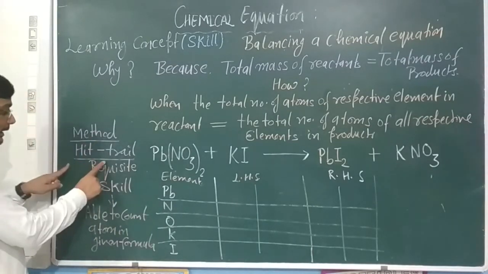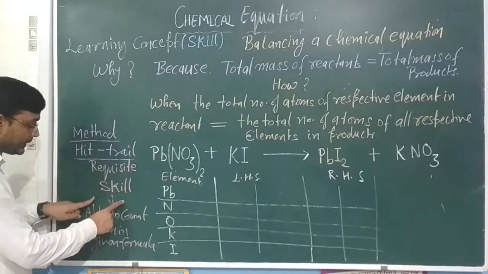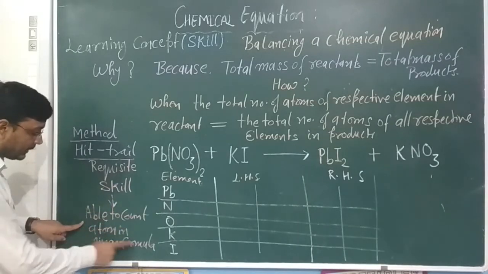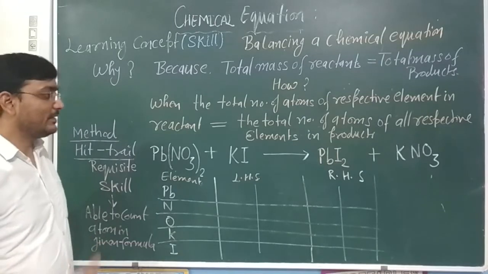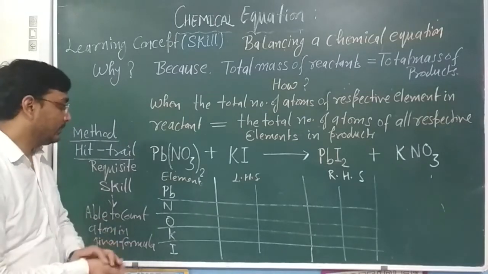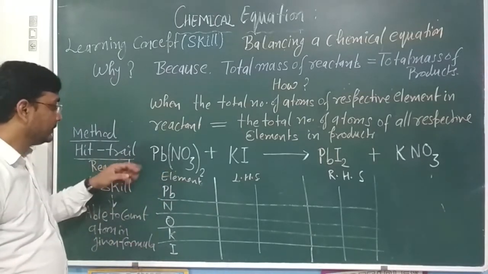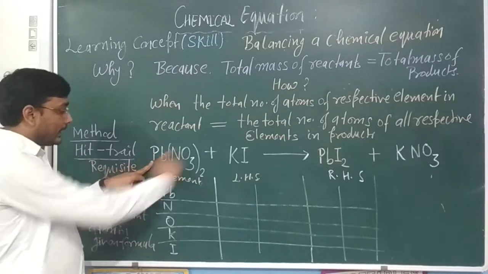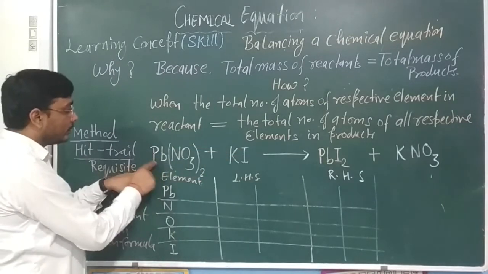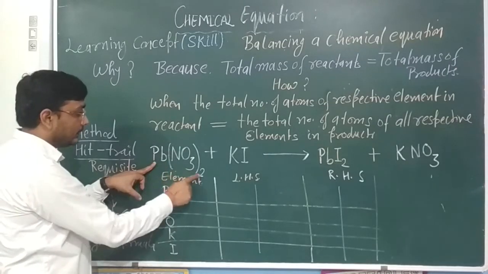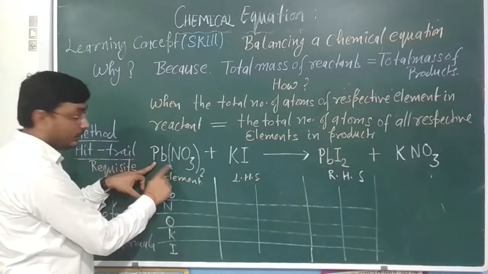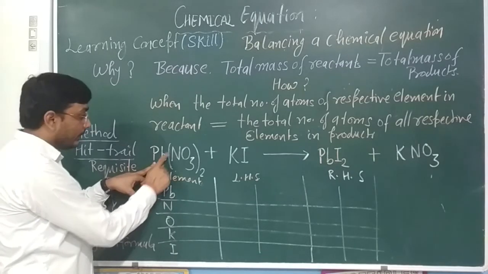Method: hit and trial. Requisite skill: being able to count atoms in a given formula. This is a general thing everybody knows, but some people get confused while counting. So just learn one thing. Only one atom.